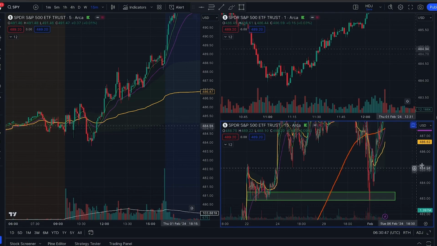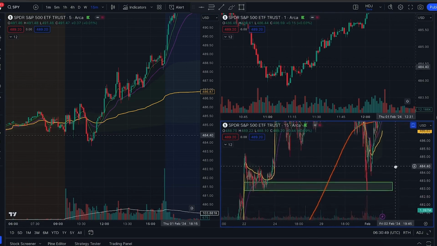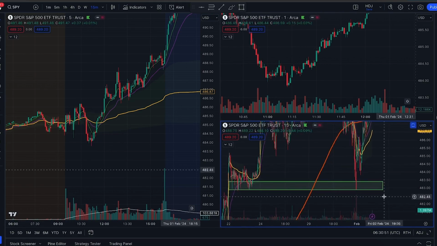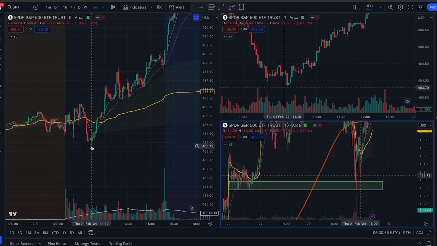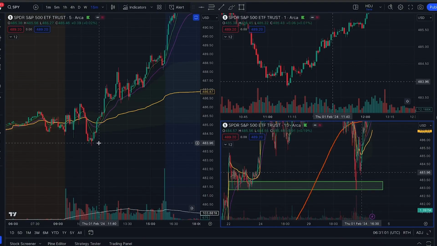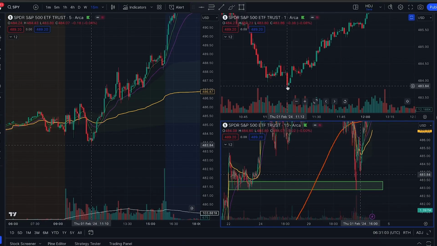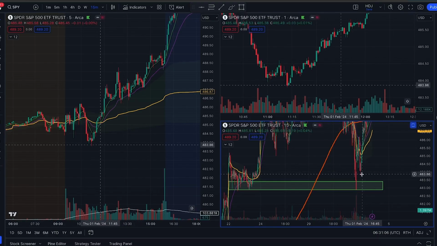Right here. And let me just move this up here. Okay. So right here, we come back close to that box. And then we push up. So on this chart, we got a bottom. This chart, same bottom. And then here is that bottom right here.